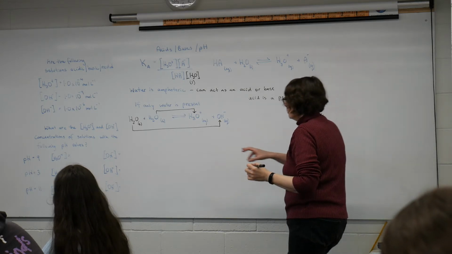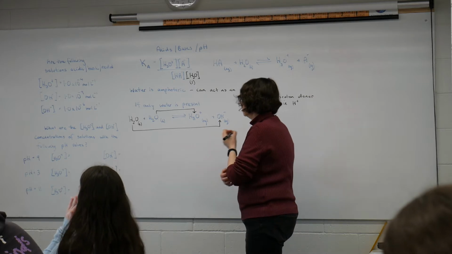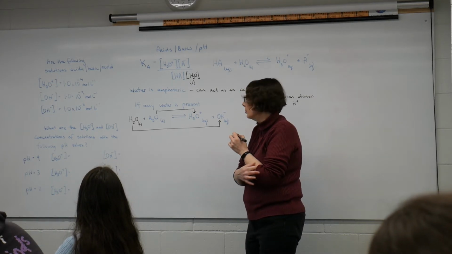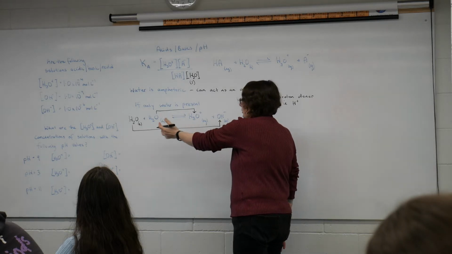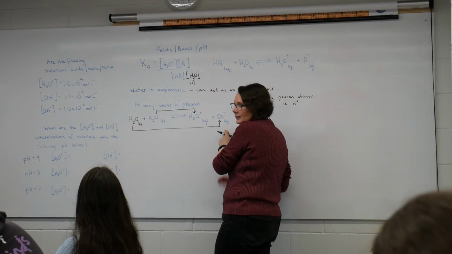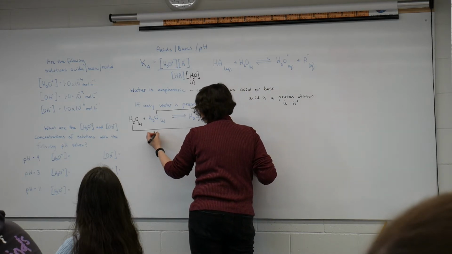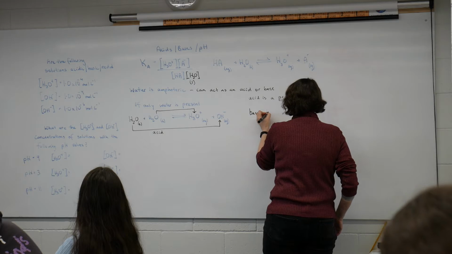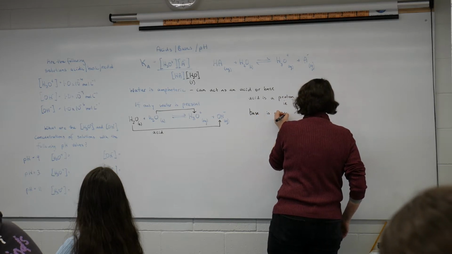So which one of my waters here has donated a hydrogen ion? The black one. Because it's got one less hydrogen ion over here, hasn't it? So this one's an acid. And our base is a proton acceptor.